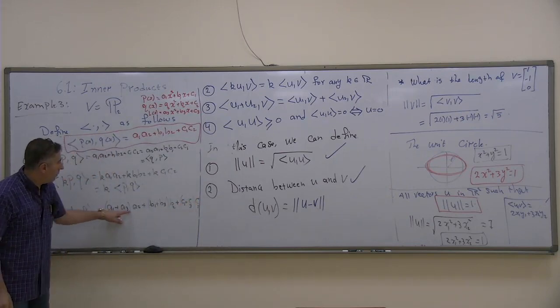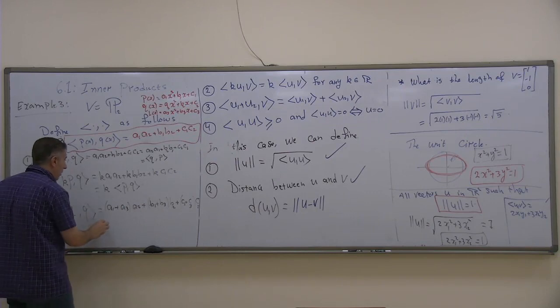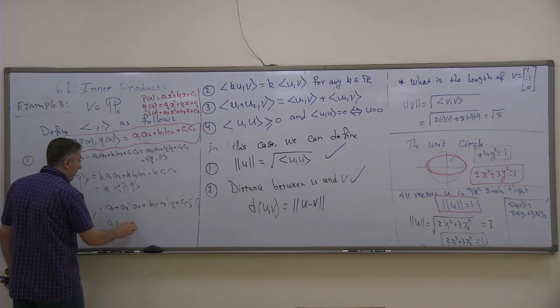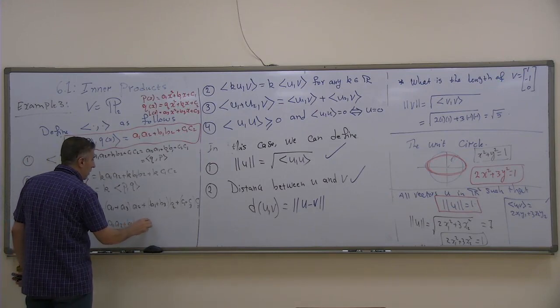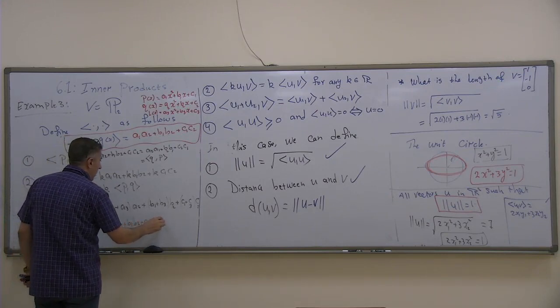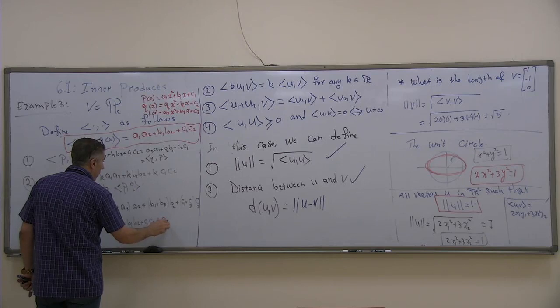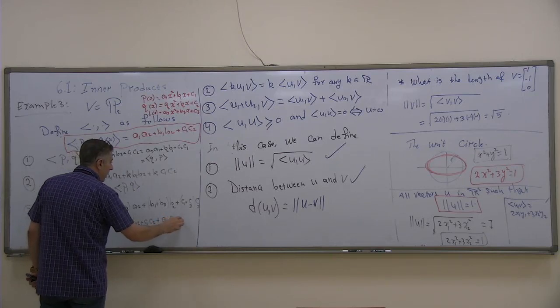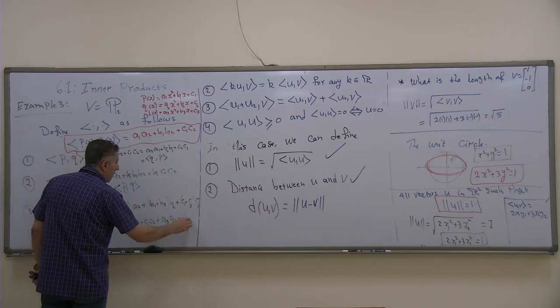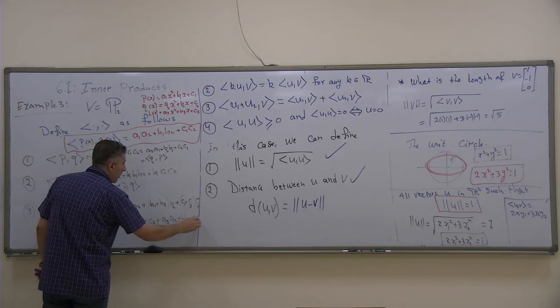And now unfold this and put things together. So this is A1 A2 plus B1 B2 plus C1 C2 plus A3 A2 plus B3 B2 plus C3 C2.